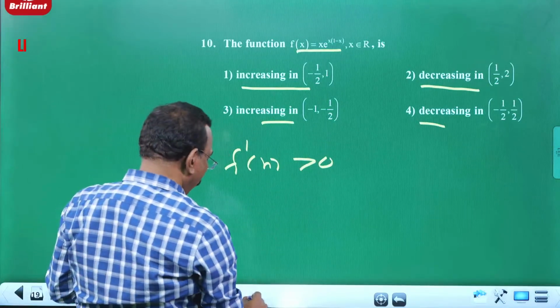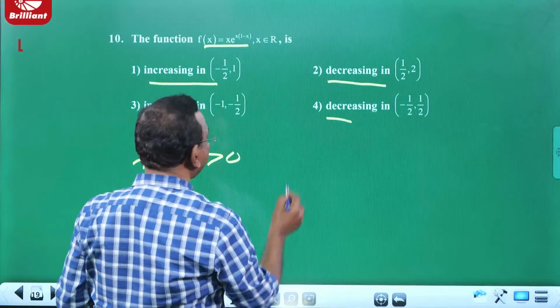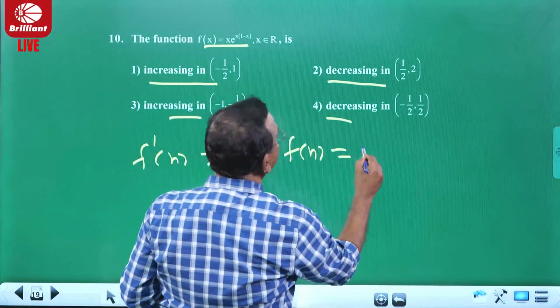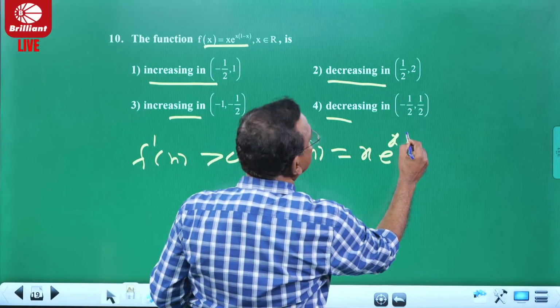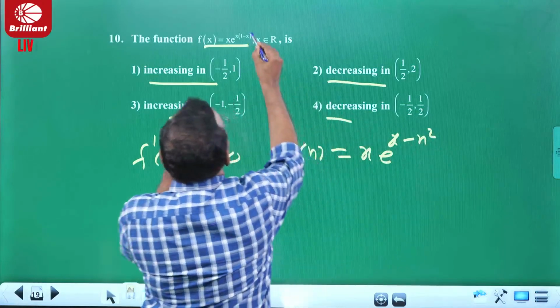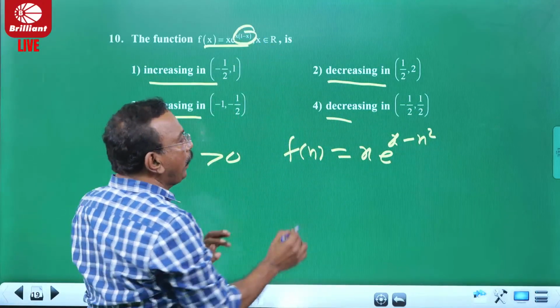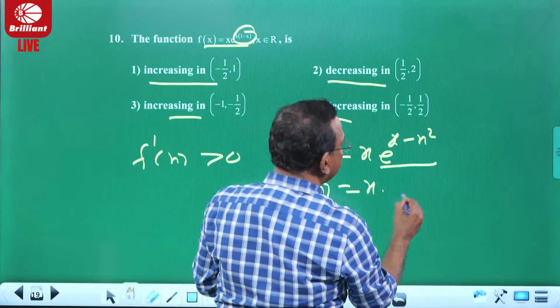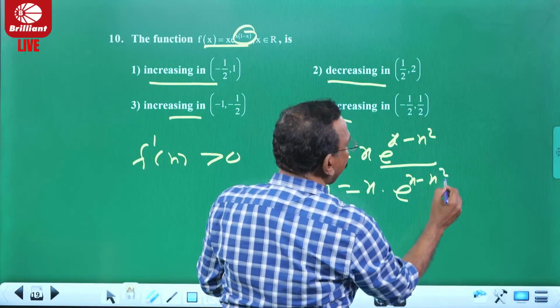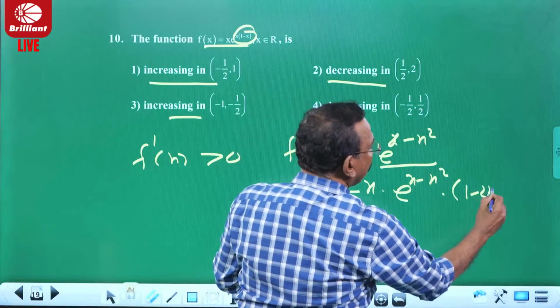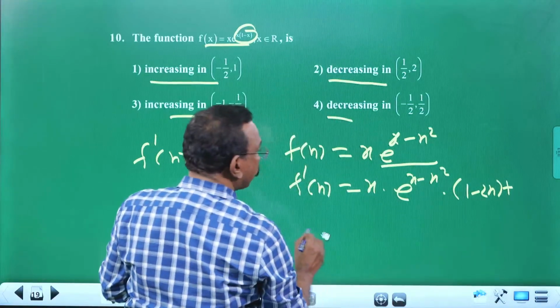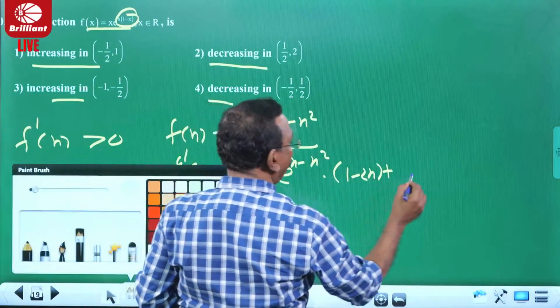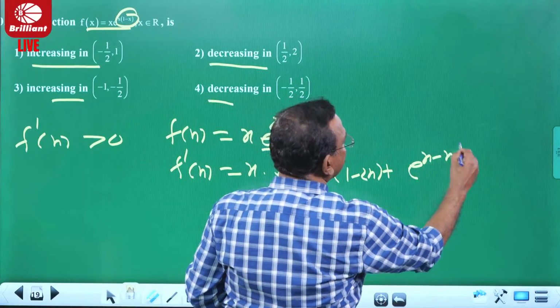So here our f of x is equal to x into e raised to x minus x square. I expand this x and x minus 1 here directly and apply the derivative in the form x into the derivative, that is e raised to x minus x square into 1 minus 2x, plus the rest in the form e raised to x minus x square into 1.